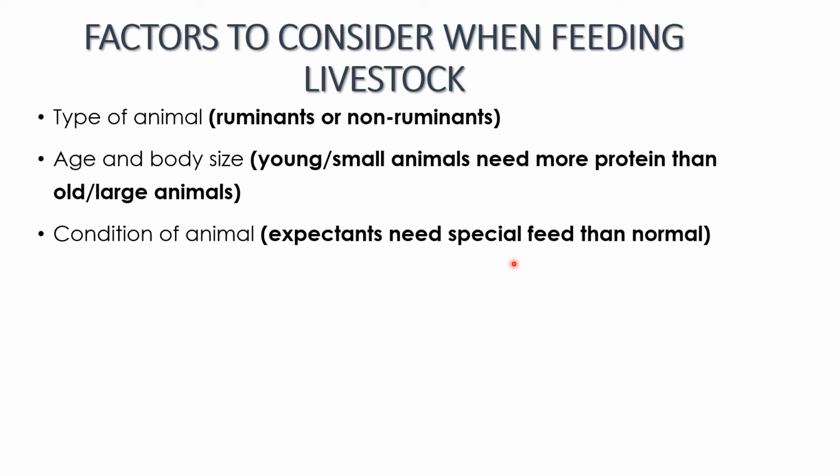So those animals on gestation period or being expectant, or which want to meet with the females, maybe they are on heat, they are supposed to be given special feeds. So the condition of animal will matter.